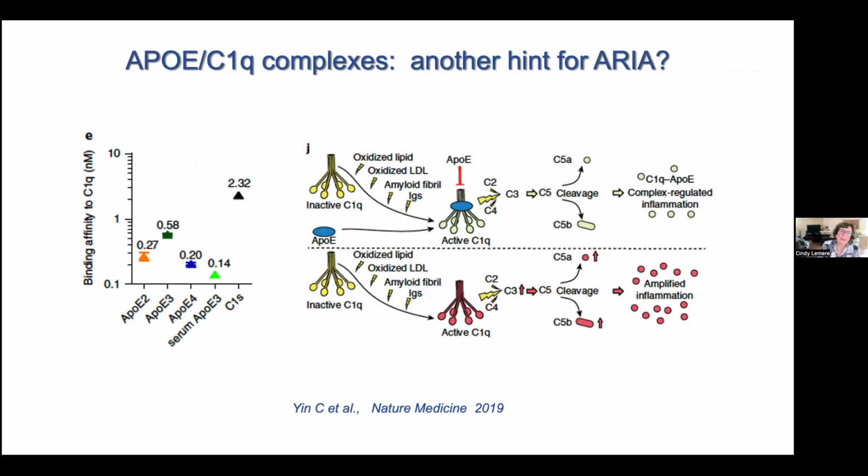So we think that C1q plays a big role, but we also saw this paper that came out a few years ago saying that ApoE and C1q form complexes, and that when ApoE binds C1q, it inhibits the activation of C1q. What I think is interesting is that in people with E4 alleles, E4 actually causes less binding to C1q. That means it's not able to put the brakes on C1q as well as somebody with an E3 allele.